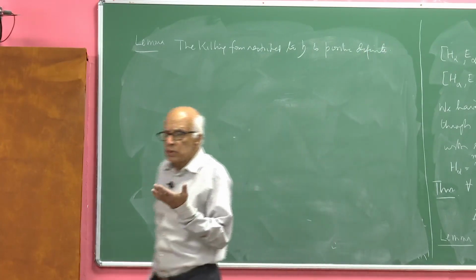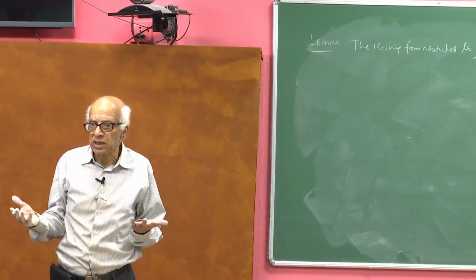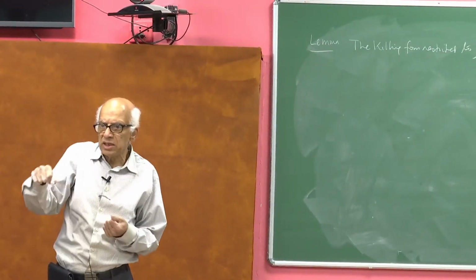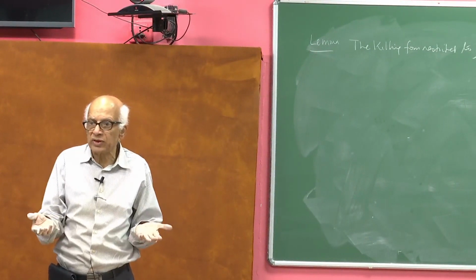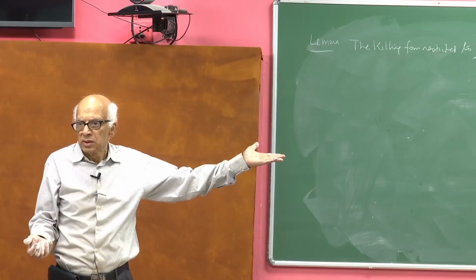We know that the Killing form of the compact Lie algebra is negative definite. So on i times the compact Lie algebra, the Killing form is going to be positive definite, and our H is contained in i times the compact Lie algebra.